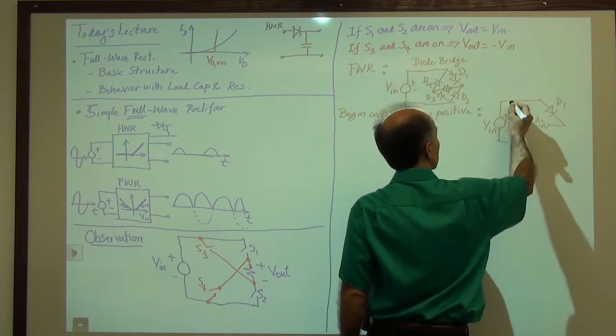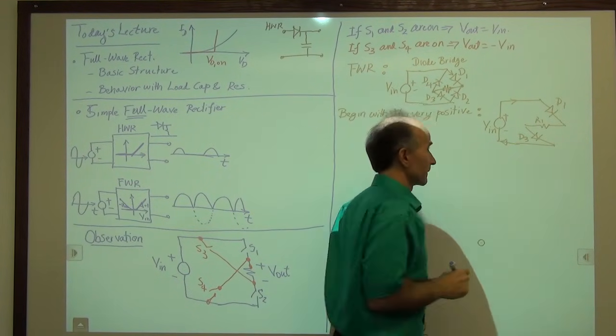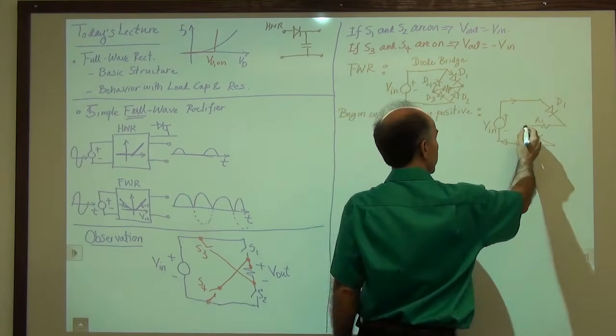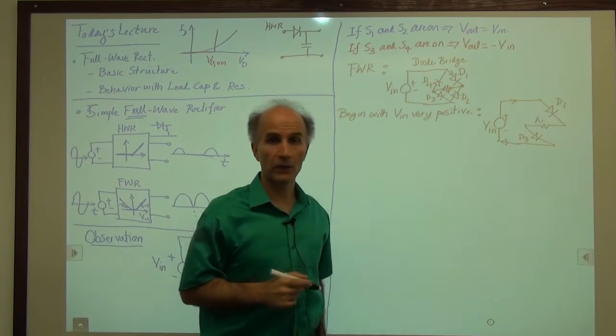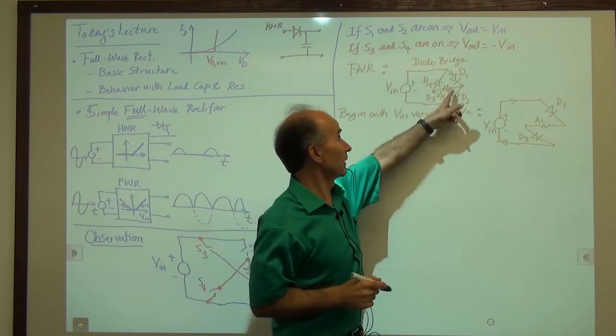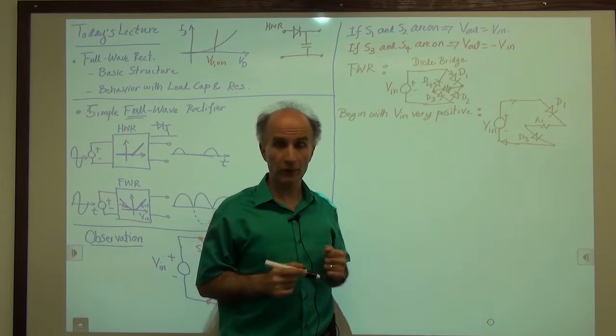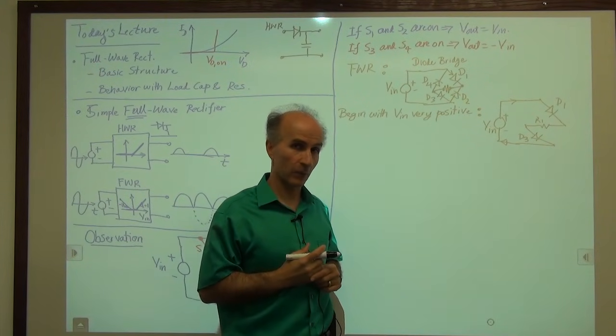So a current flows through these devices and comes back to the voltage source. That is our guess for the state of the diodes in this condition. I did not draw D2 and D4 because I'm thinking that they are off. At the end we have to check to make sure, but that's our guess at this point.